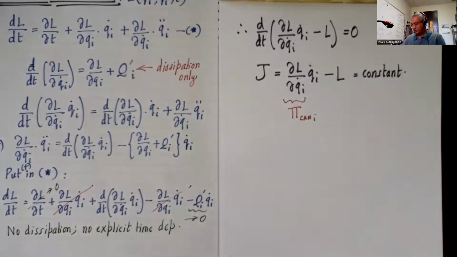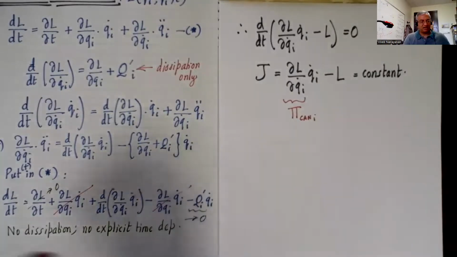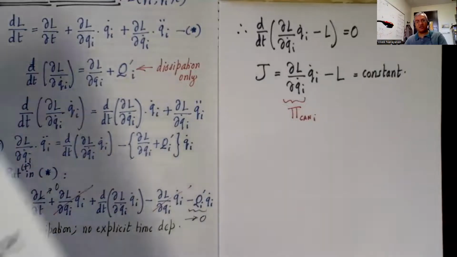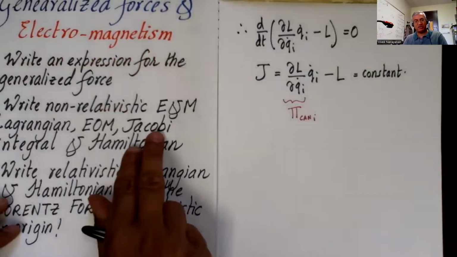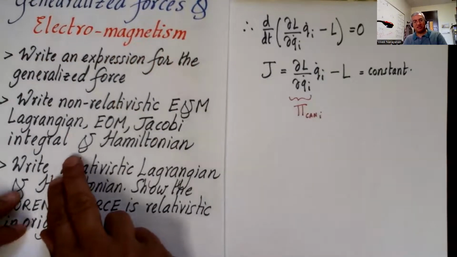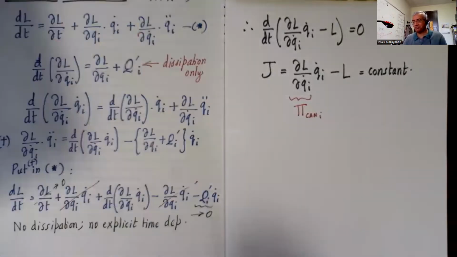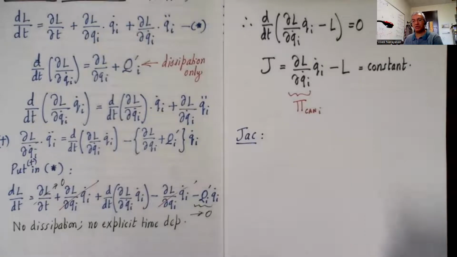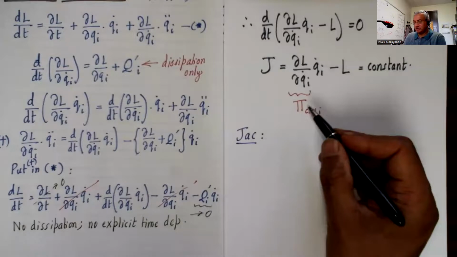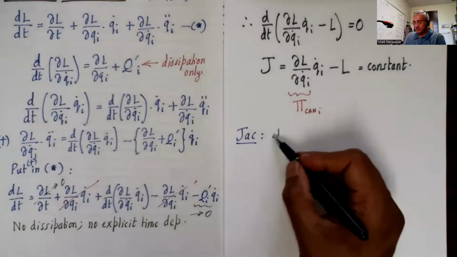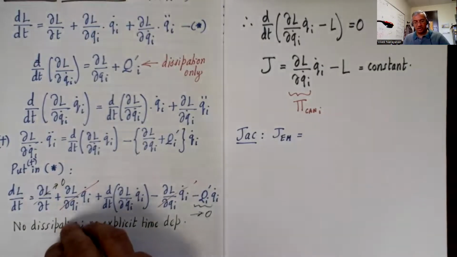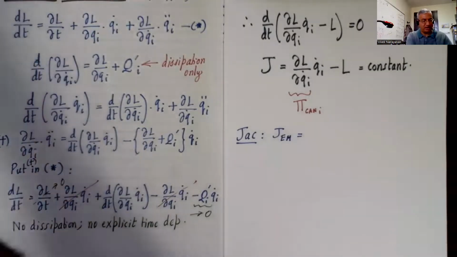So let's find the Jacobi integral for this problem, because it's one of the things I asked you to do initially. One of our goals is to write the Jacobi integral. All right, so let's do that. What does J look like for this setup? Well, ∂L/∂qi-dot, I believe I've already got that.